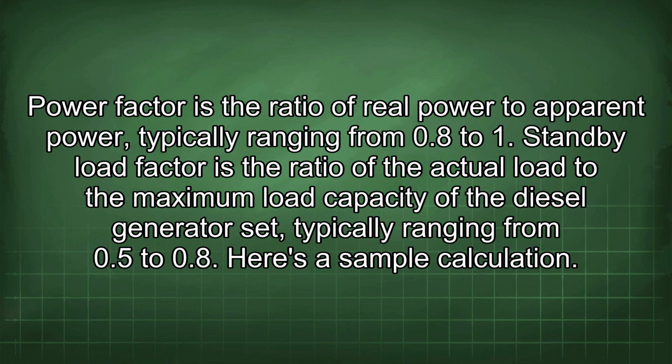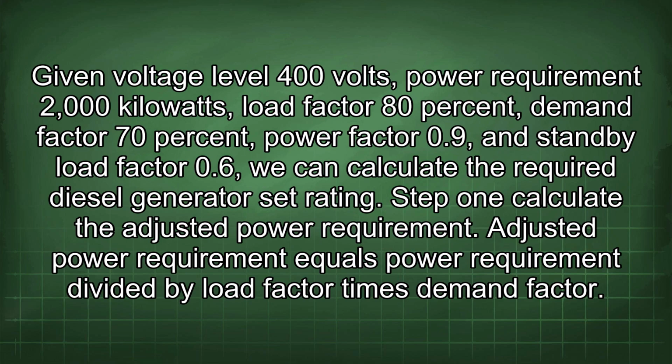Here's a sample calculation. Given voltage level 400 volts, power requirement 2000 kilowatts, load factor 80%, demand factor 70%, power factor 0.9, and standby load factor 0.6, we can calculate the required diesel generator set rating. Step 1. Calculate the adjusted power requirement.